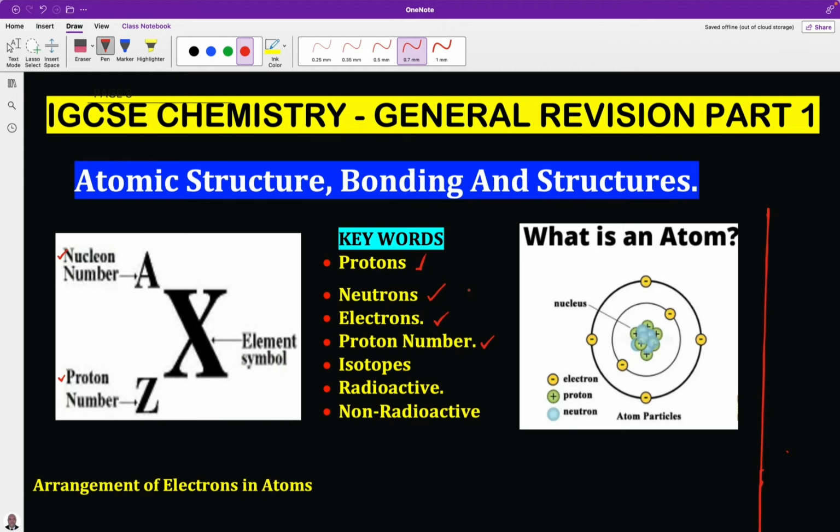It has a negligible mass compared to that of the proton. The mass of an electron is about 1 over 1,837 atomic mass units.